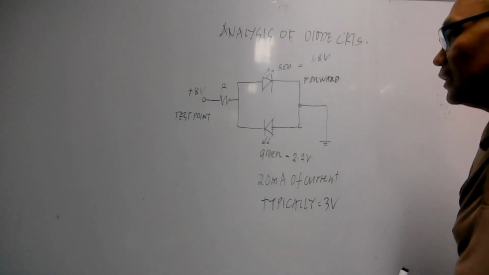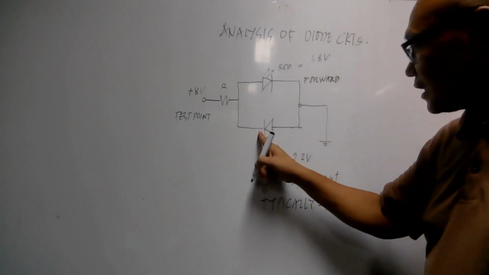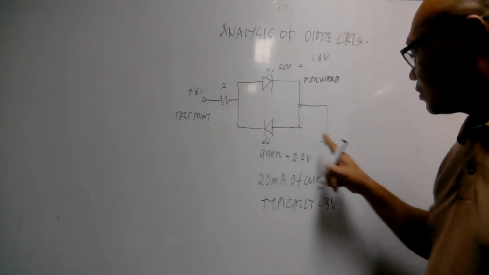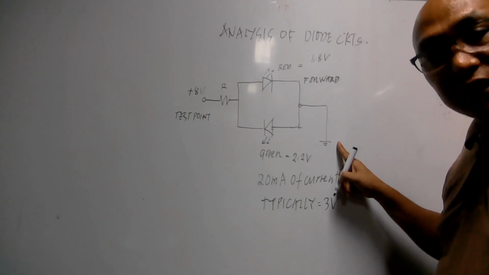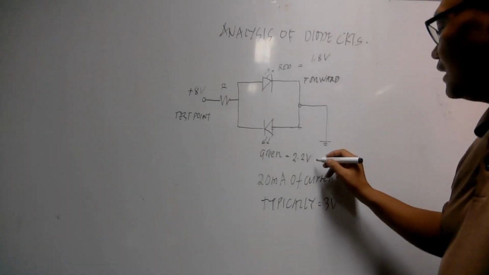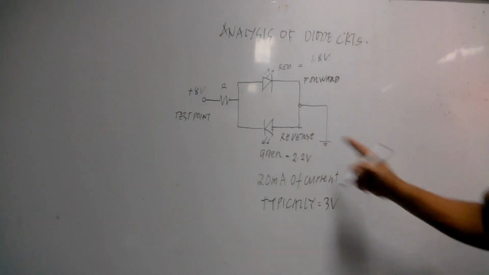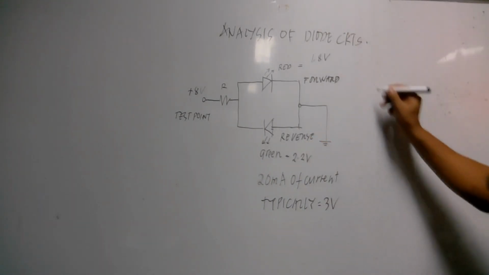Let's try to analyze the green LED. Its cathode is connected to positive, while its anode is connected to ground or negative. Therefore, the green LED is in reverse bias. With that, we can redraw the circuit.